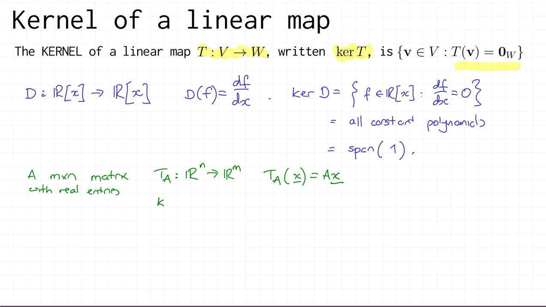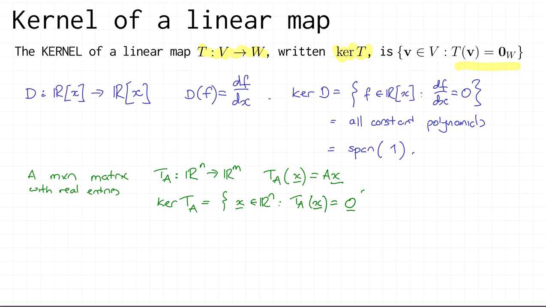Then what is the kernel? Well, we've met the kernel of this before. The kernel of T_A is all things, let's say x in R^n, such that T_A of x is the 0 vector.